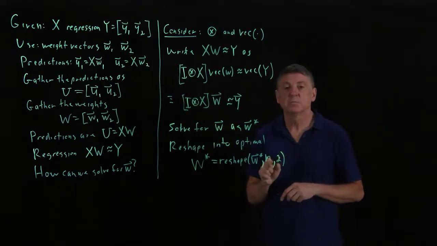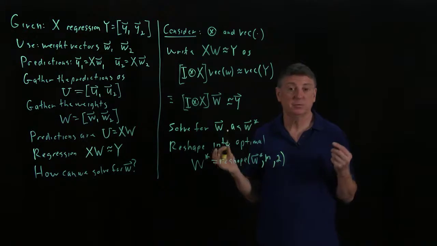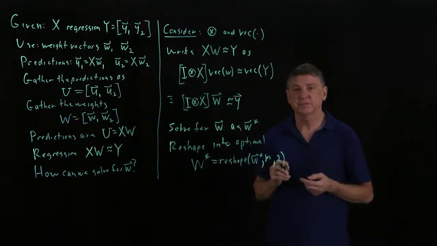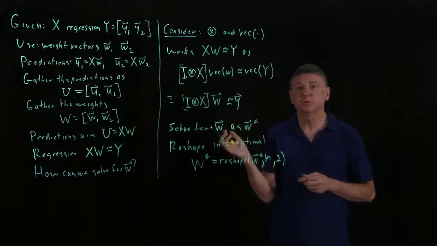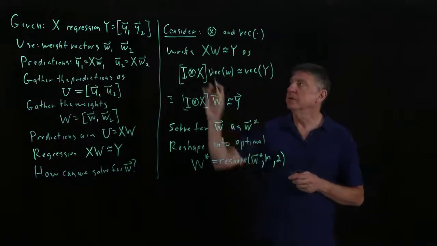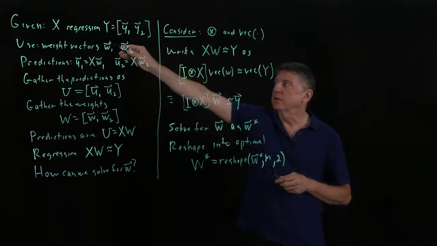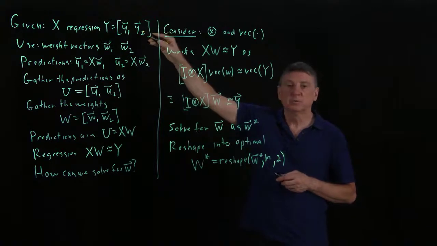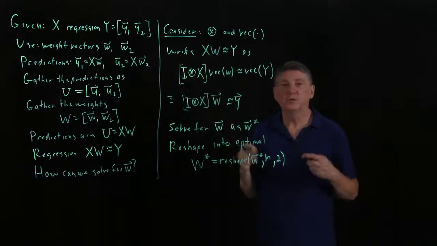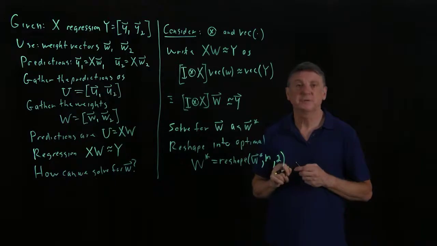This number, of course, might change, and it might be some value L, which is larger than 2. So this is an example for 2 neurons of how, given some original data and given multiple regression values on that data, we can solve this as a single problem using linear algebra.